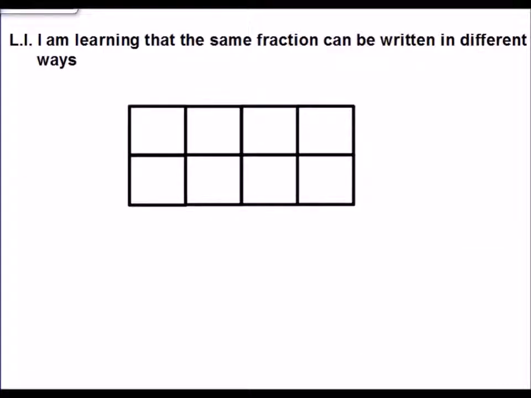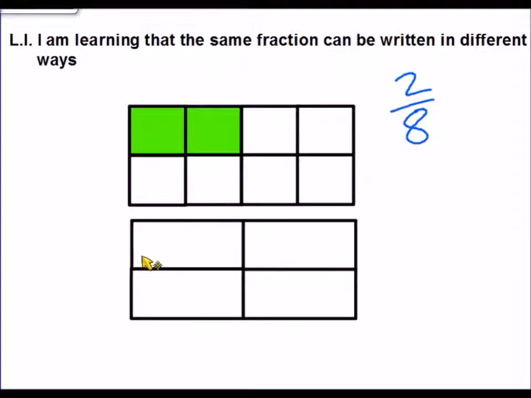Now, here's a slightly different example. In this case, we have eighths. And I'm going to colour in 2 of those eighths. So 2/8 here is what we have. Now, to me, this fraction of the shape here looks kind of familiar. To me, that looks kind of similar to our quarter that we were looking at earlier.